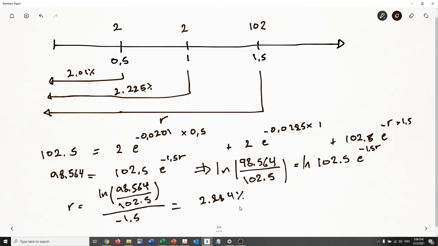Okay, so we now have the zero rate for 6 months and the zero rate for 1 year. Using the bootstrapping method, we get that the zero rate for the period of 1.5 years is 2.284%.